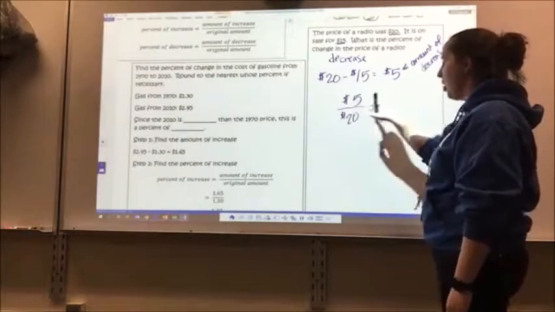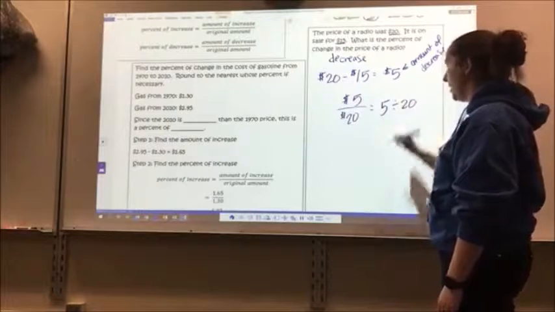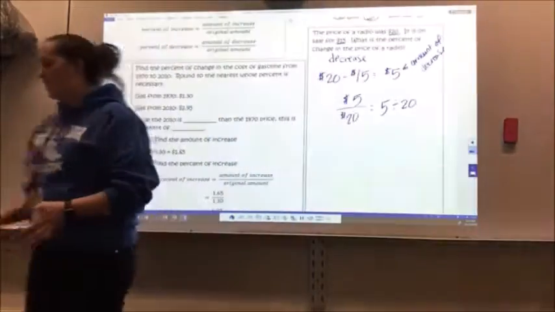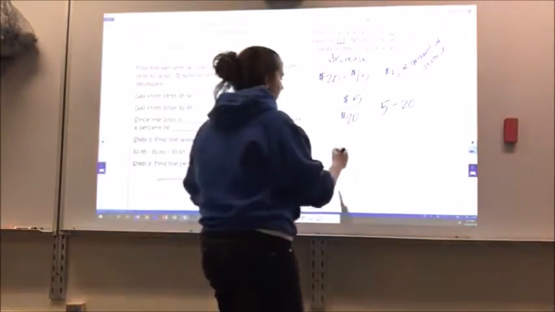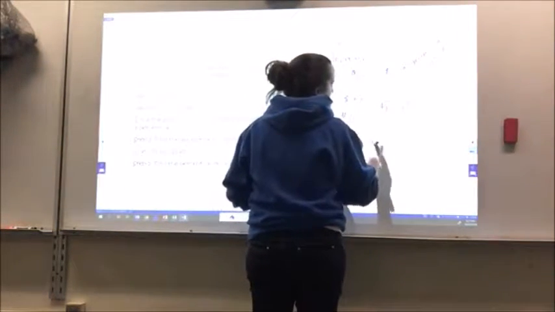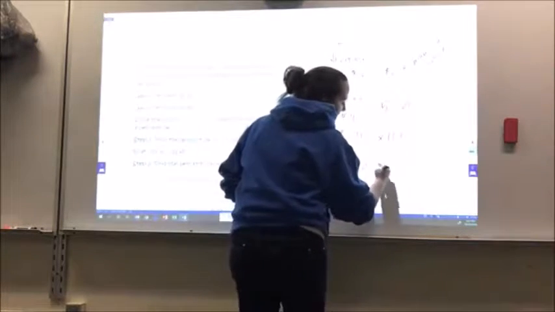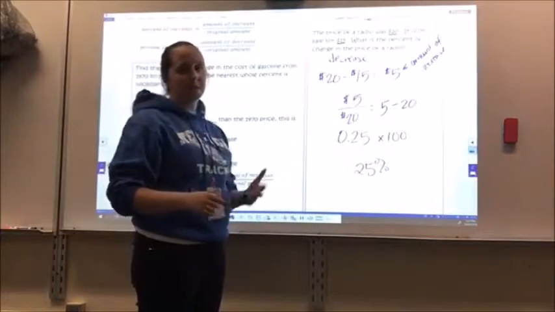This bar is the same thing as saying 5 divided by 20, not 20 divided by 5. When I do that, I get 0.25, and then I multiply this times 100, so 25%. It's a decrease, so it's a 25% decrease.